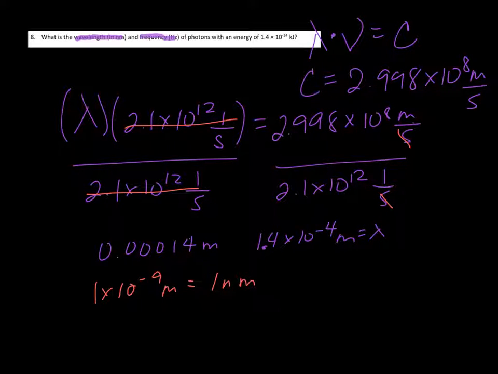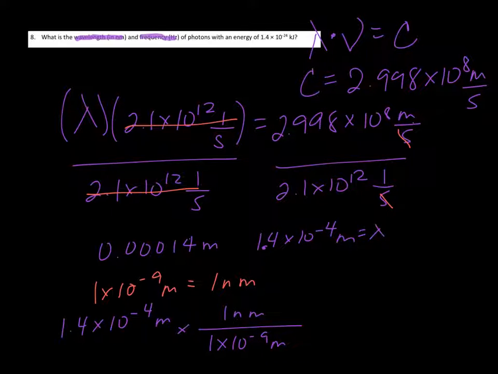And so if I have 1.4 times 10 to the negative 4th meters, then 1 times 10 to the negative 9 meters is 1 nanometer. Meters ends up canceling out. I'm left with nanometers, and if you put that into a calculator, or you can do it in your head, that ends up giving you 1.4 times 10 to the 5th nanometers.